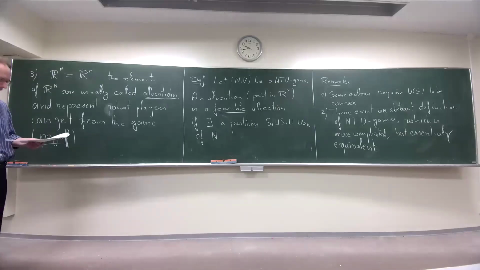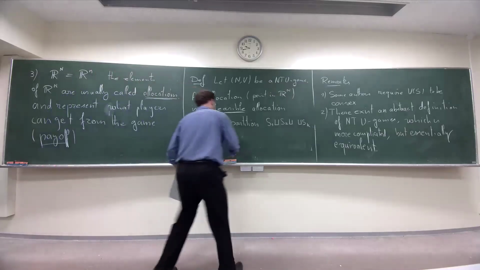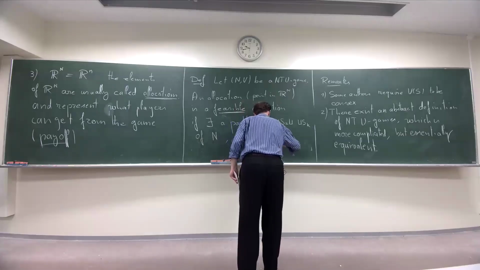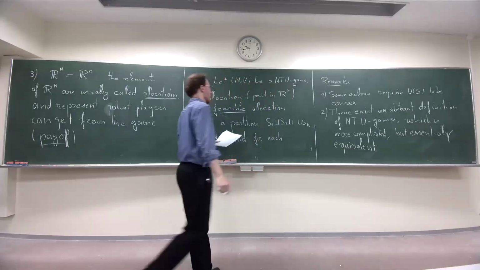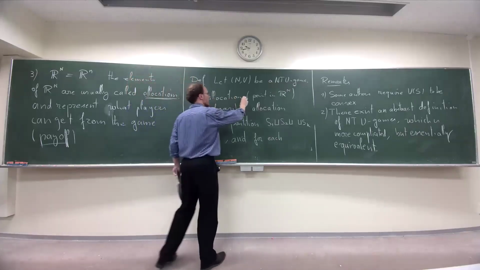So it's a partition of N. And for this allocation, I should give a name.